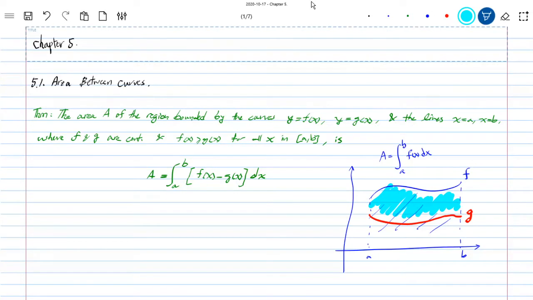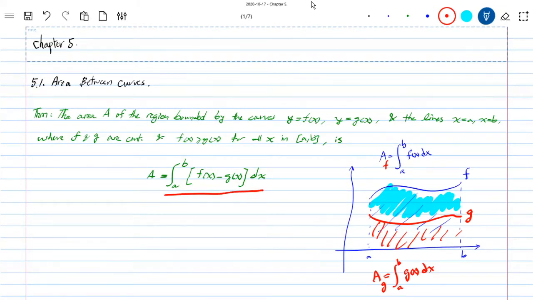We can figure out the area under the function g, which would be this red area, the integral from a to b of g of x dx. Then the area in between would be the difference between the two areas, the area under f minus the area under g. So the area between the two functions f and g is subtracting the two integrals from each other, which gives us the difference between the functions.